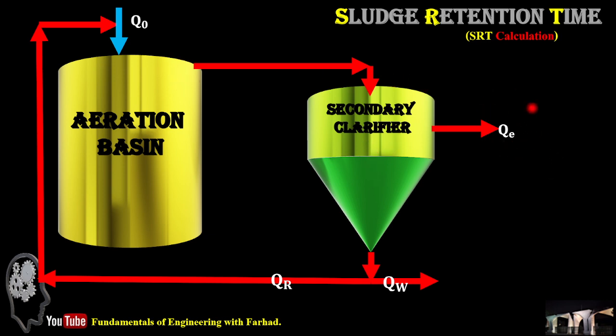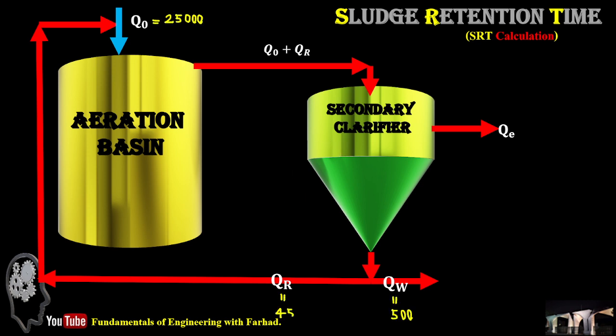A big chunk of it is treated, a small portion of it is wasted, and a bigger chunk of material here is just recycled. After the first cycle, we have Q return plus Q naught coming back to the secondary clarifier and keeping the activated sludge in return to get a better and better treatment.